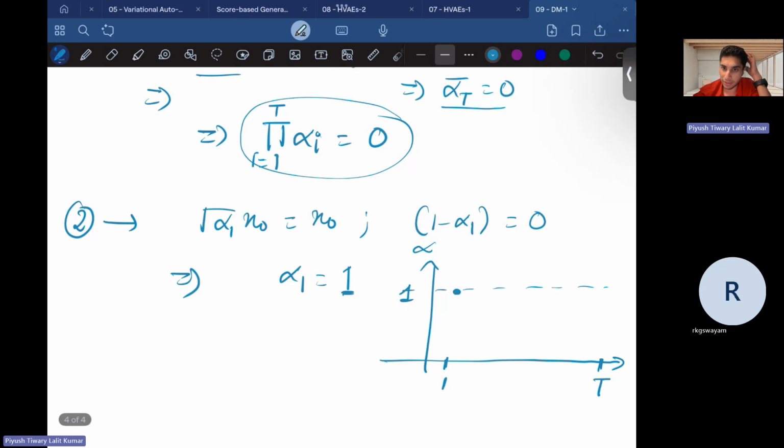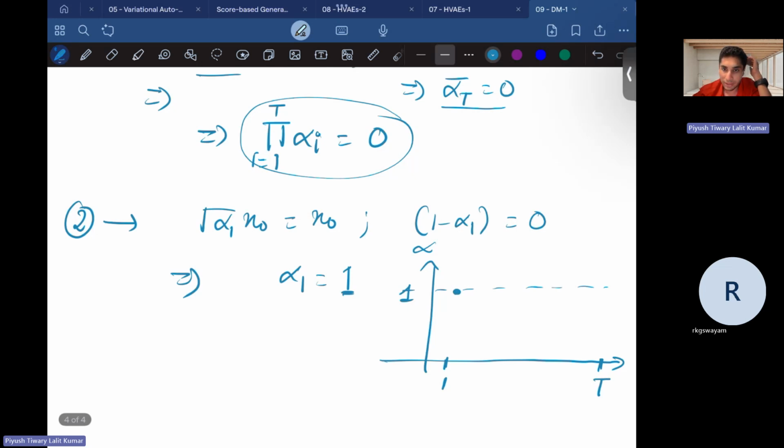When can this happen? If the product of these real numbers is going to 0, when is that possible? That is only possible if the alpha i's slowly become 0.